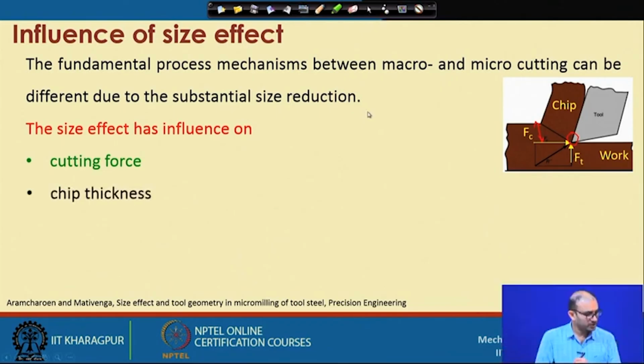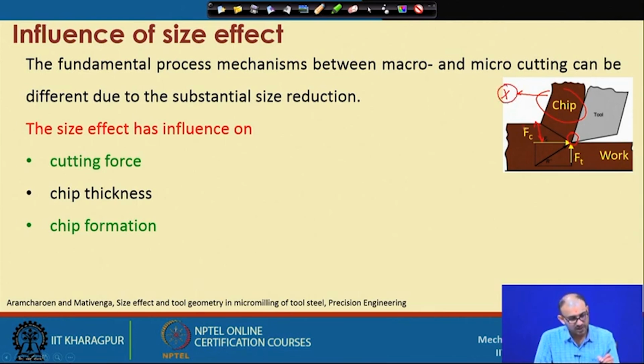Second one is the chip thickness, because we know that our chip thickness is going to be very small. So, there is a large variation in the chip thickness in the micro machining process compared to conventional machining. Chip formation is also an issue, because if you do machining at this particular small scale, there is a chance that you may not get the chip at all. So, chip removal is not a guarantee here.